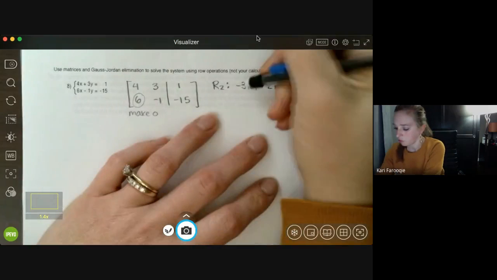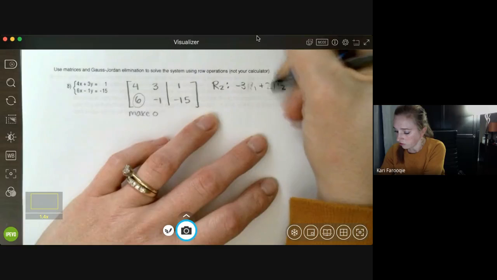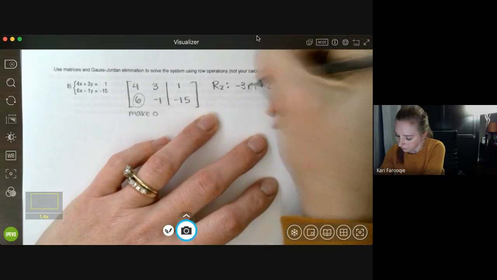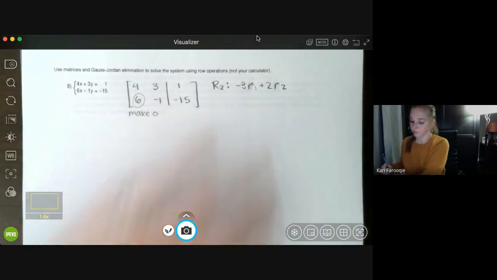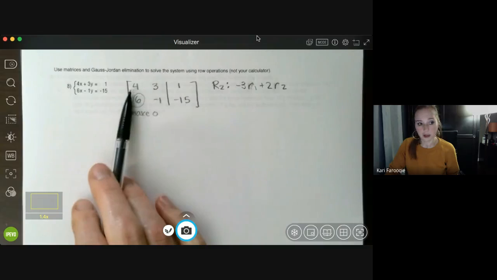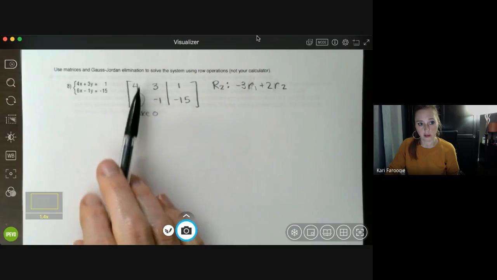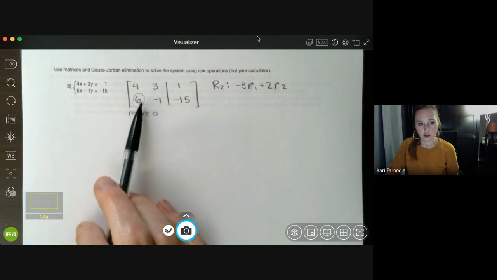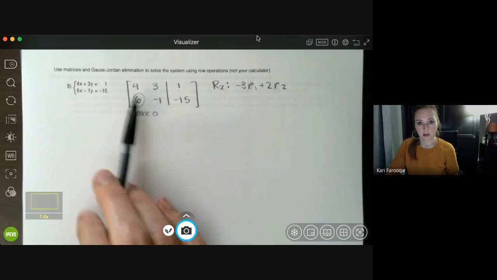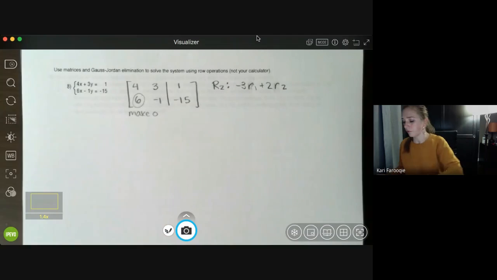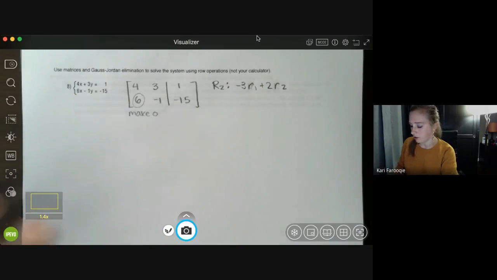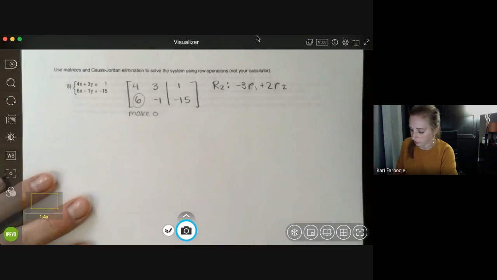Let me try to make sure my notation is consistent here. So negative 3 row 1 will make this element a negative 12, and then 2 row 2 will make this element a positive 12. But there's more than one way of doing that. That's just the way that I would suggest.